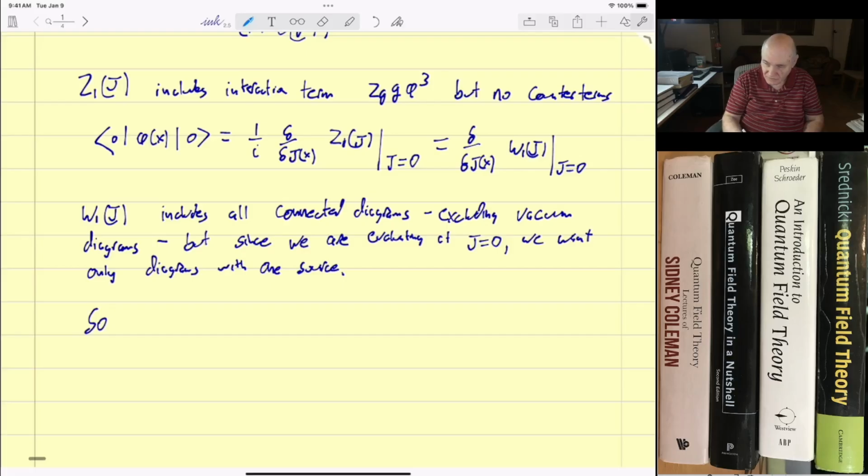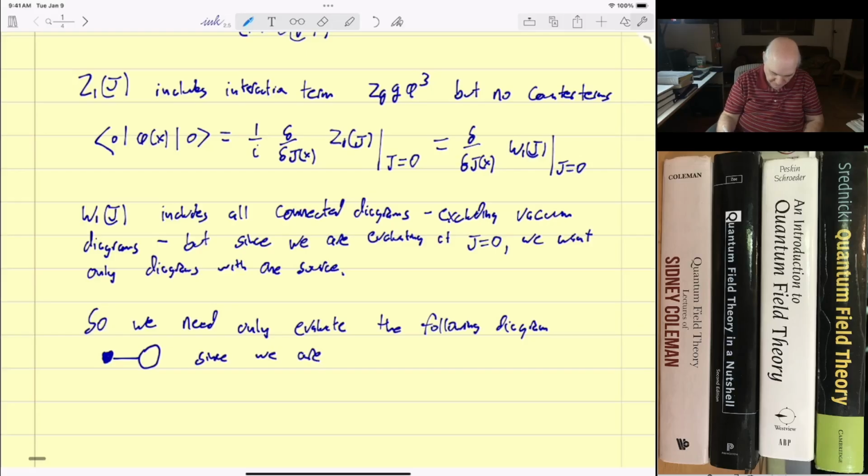So we need only evaluate the following diagram, since we are working to order g.